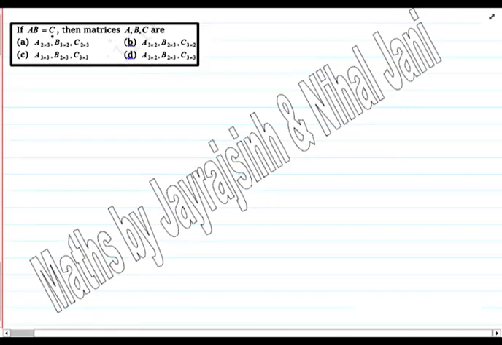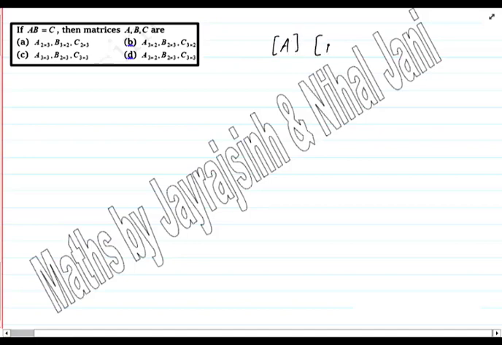Let's see the question which is related to the basics of matrix multiplication. In the question, it is given that matrix A into B will give us matrix C. Then we have to find the correct order of A, B and C. Now first of all, let me remind you something.